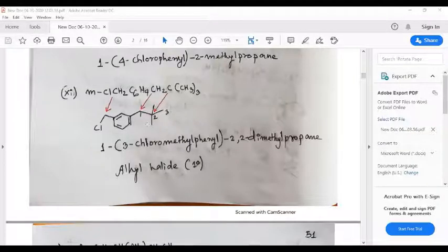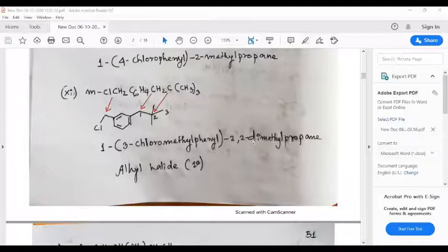Again at one position there is 3-chloromethylphenyl. It becomes 3 because it is the point of attachment of the benzene ring at position 1. Then this position becomes second, this position becomes third. So it becomes a 3-chloromethyl group at 3 position of the benzene ring. 3-chloromethylphenyl.